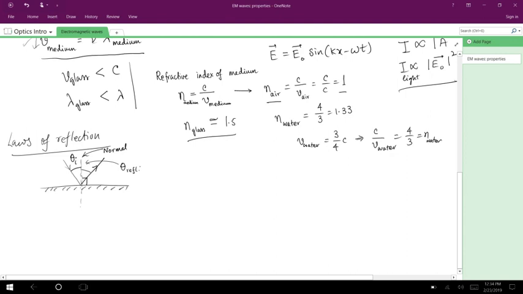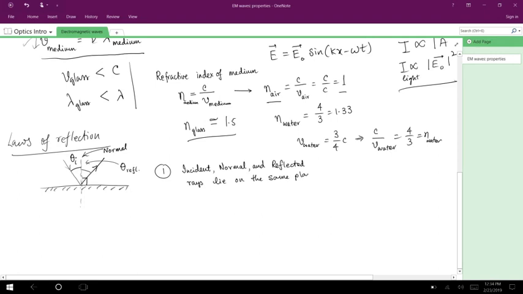Okay, it turns out that there are two laws of reflection. The first law of reflection says that the incident, normal, and reflected rays lie on the same plane.